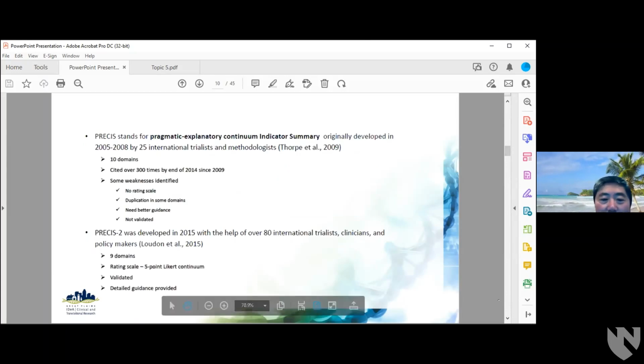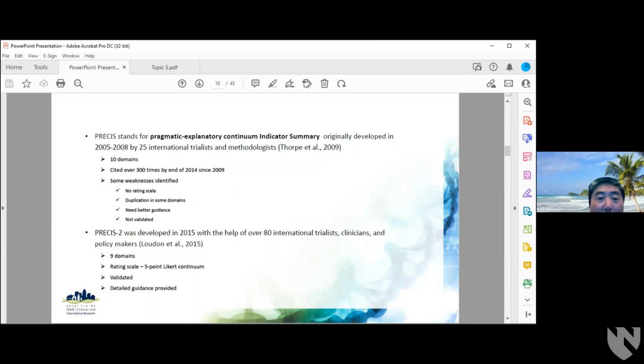PRECIS stands for Pragmatic Explanatory Continuum Indicator Summary. It was originally developed in 2005 to 2008. People saw the need to clarify the differences and the focuses of the RCT.